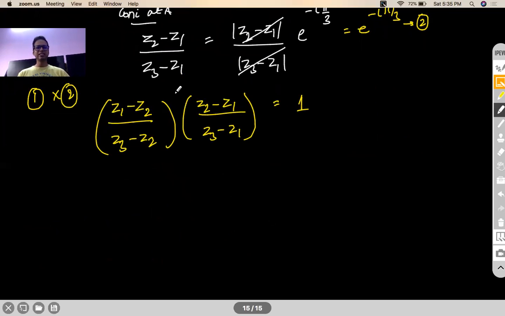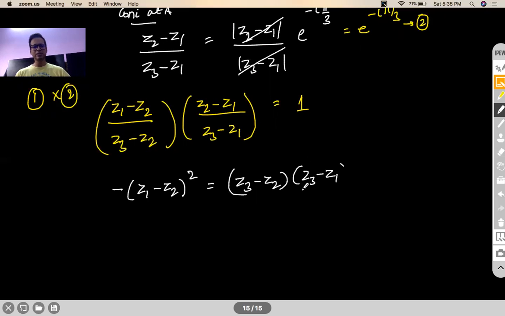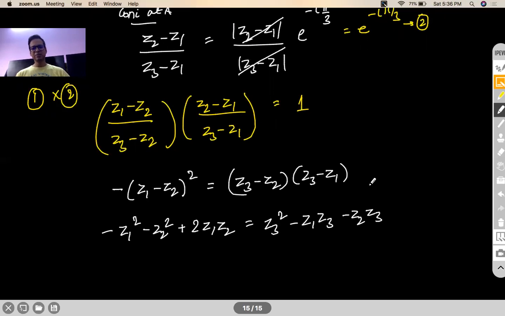So can I write this as minus Z1 minus Z2 square? And denominators, I will take it to the other side, which is Z3 minus Z2 times Z3 minus Z1. Okay. So let us square this. Let me open the brackets without much waste of time. So minus Z1 square minus Z2 square plus 2Z1 Z2. And this will become Z3 square minus Z1 Z3 minus Z2 Z3 plus Z1 Z2.